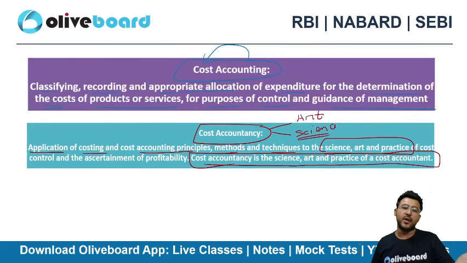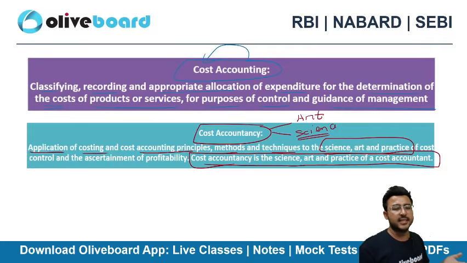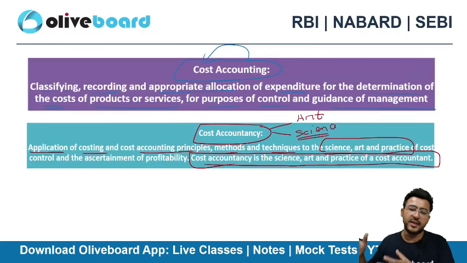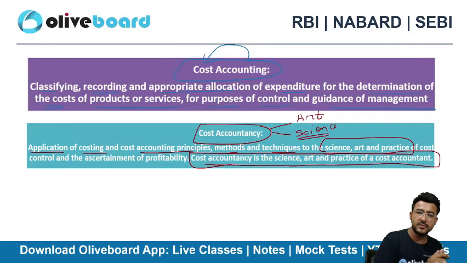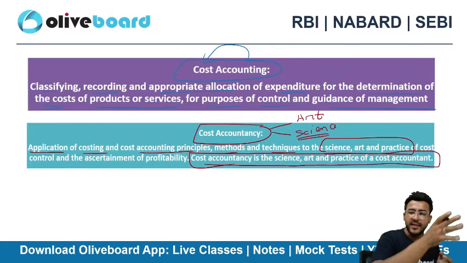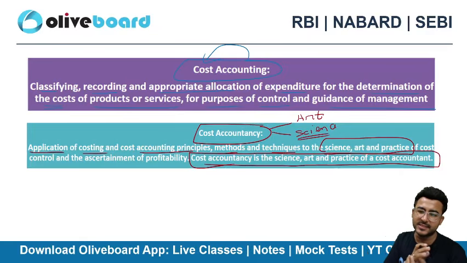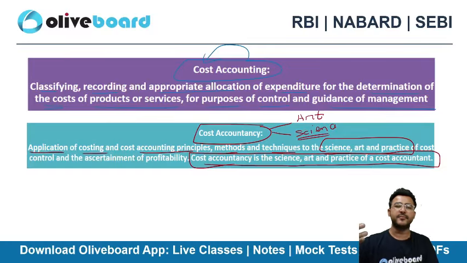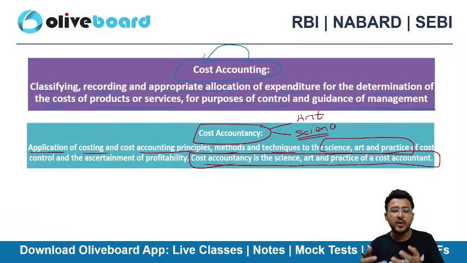Whereas cost accounting is nothing but classifying and recording each and every costing related transaction into the books of accounts. So then what is the accounting that we studied in commerce and accountancy? That was financial accounting. Now we will be studying cost accounting.